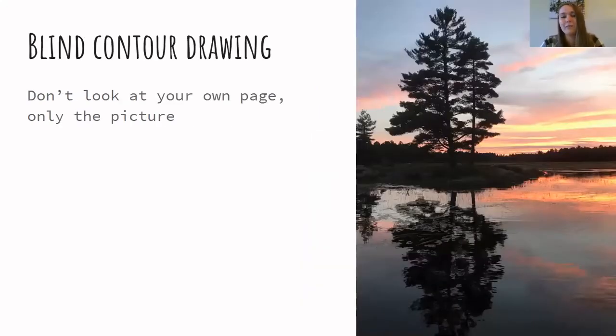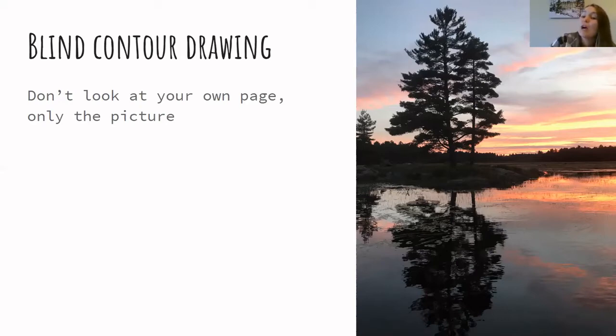The first big activity we're going to do is called blind contour drawing. This helps you get into the mindset of only drawing what you see rather than what you think you see. So take out a scrap piece of paper, and without looking at your paper, I want you to try to draw the scene that I have up. I'm going to give you about 5 minutes to do this, maybe a little less.